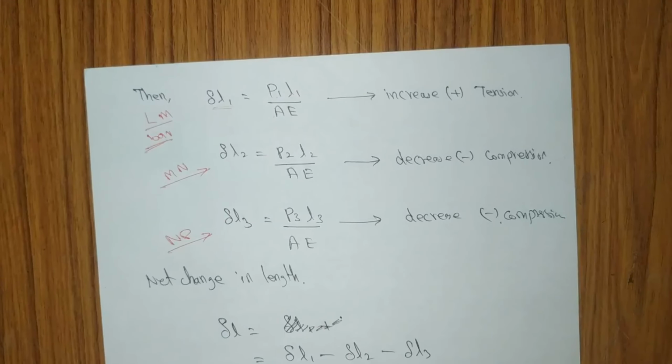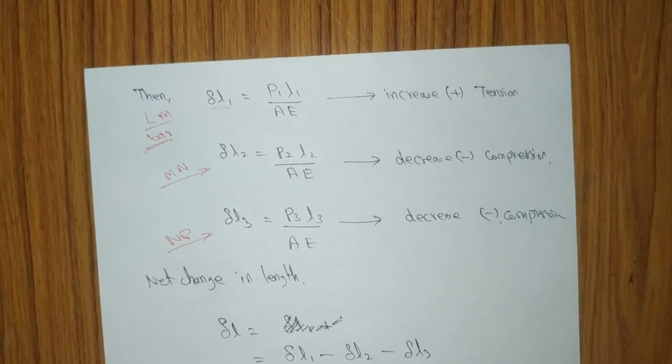We take this value as positive because that bar is in tension. In this diagram LM is in tension, so it will definitely have positive elongation. This one and this one are in compression, so they will be negative. That's why for delta 1, delta 2, delta 3 it is tension, compression, compression.